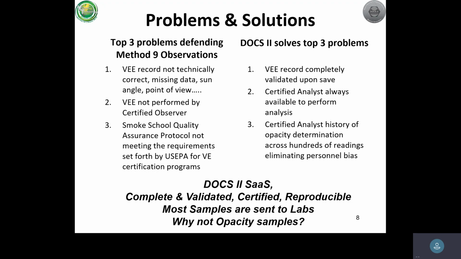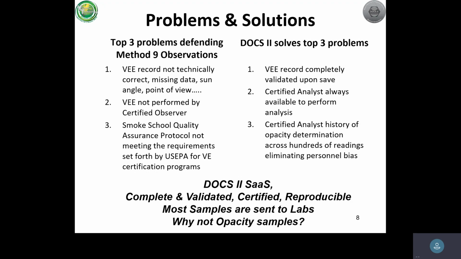The second is the VE not being performed by a certified observer. Now here we have another issue, which Tom was always telling me, and I've experienced it myself, where I just couldn't get to a smoke school to perpetuate my certification in a time period, because they were in some kind of place, or somebody got sick, or whatever happened, and I wasn't able to go to it.